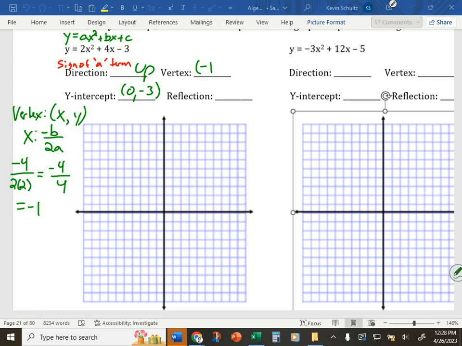If I go 2 times -1 squared plus 4 times -1 minus 3, why am I going to get the wrong answer? What's wrong with how I squared -1? It's not in parentheses, right?